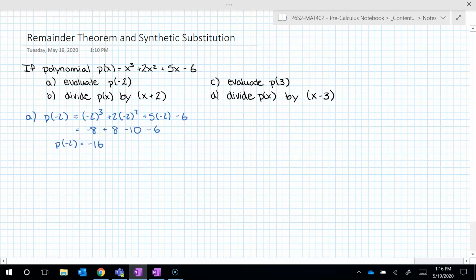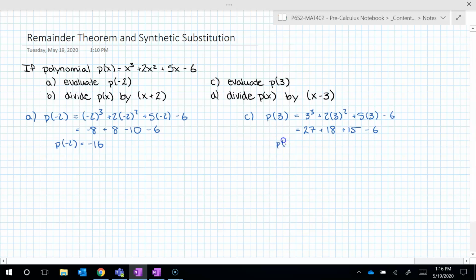Okay, I'm going to jump straight over here and do part C next. I maybe could have done A, B, C, D in order, but too late now. I'm going to find out what is p of 3 here, and so again I'm just going to put in 3 for x. So I'm going to have 3 cubed plus 2 times 3 squared plus 5 times 3 minus 6. 3 cubed is 27. 3 squared is 9, times 2 is 18. 5 times 3 is 15, minus 6.